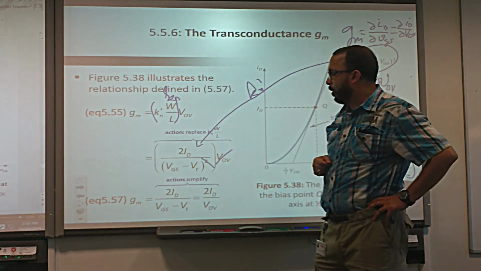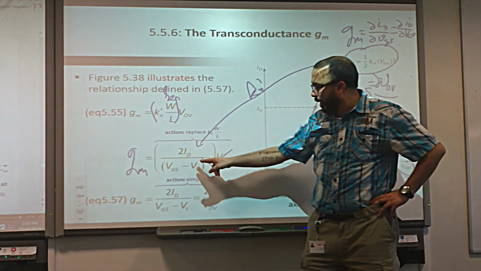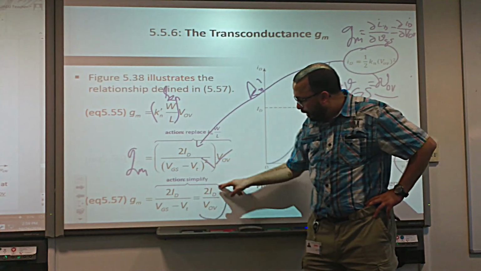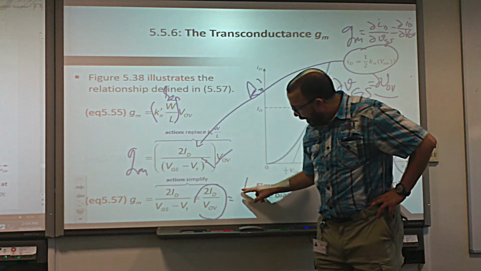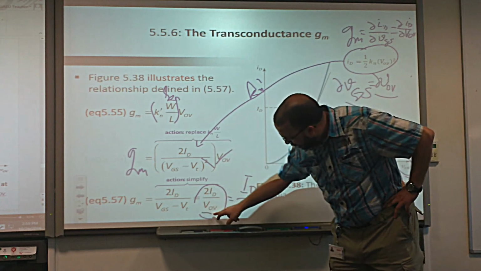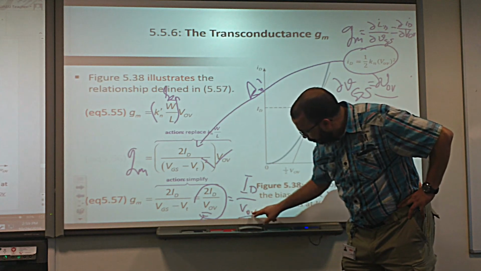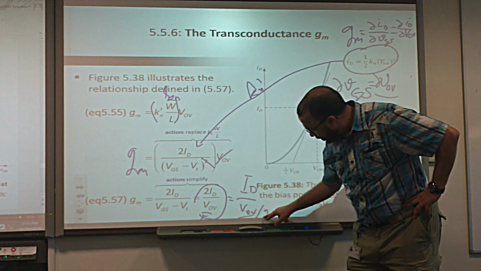Boom. Yes or no? Yes. So I can write GM as what? As 2ID divided by the overdrive. Or I can write it like ID divided by V overdrive over 2. Yes or no? Yes. I write it like this.